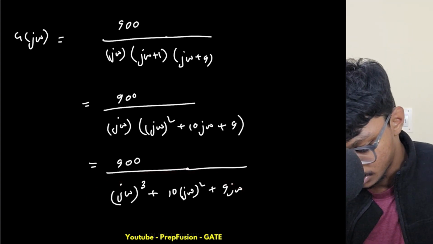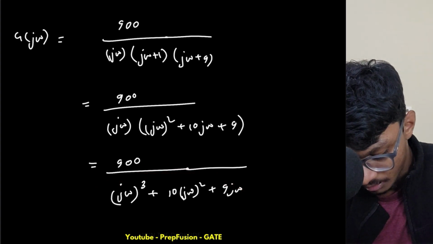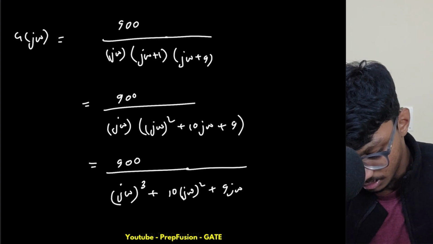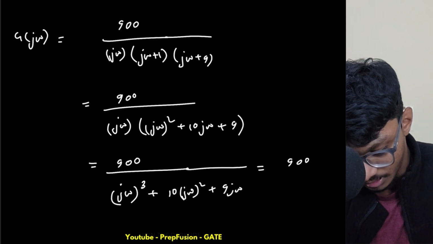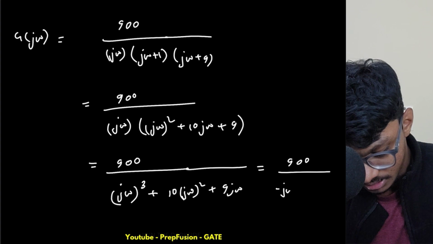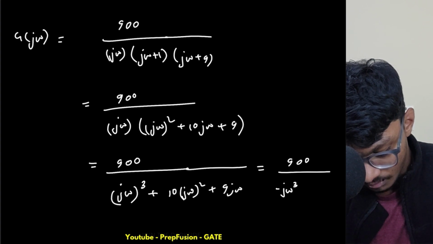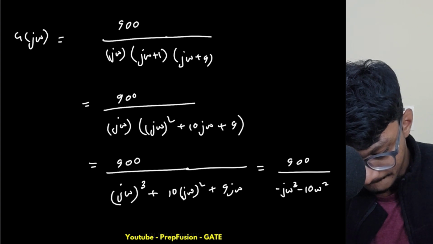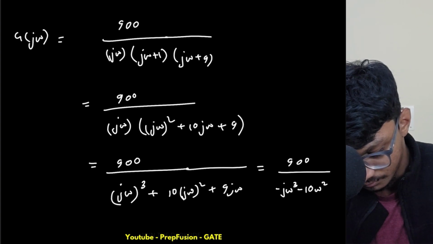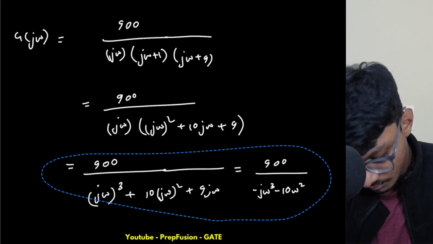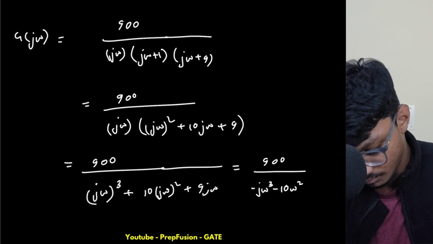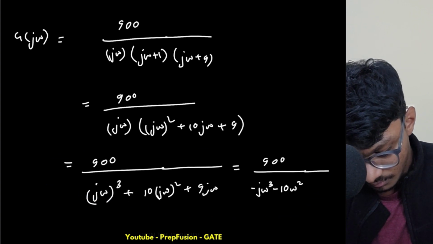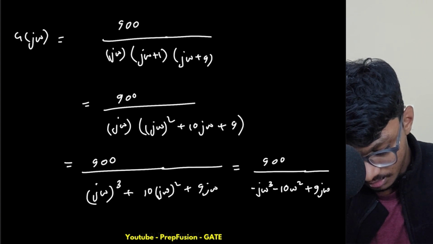Let me further simplify this. This will be 900 upon minus j omega cube minus 10 omega square plus 9 j omega.